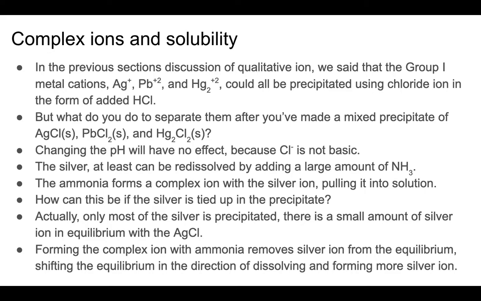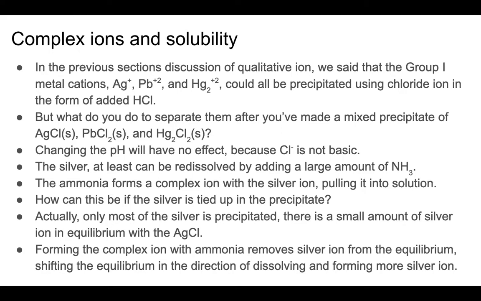So when you add HCl to a mixture of metal ions to try to separate things out, you will get separated out silver chloride, lead 2 chloride, and mercury 1 chloride. However, what are you going to do with that mixed up precipitate of those three different compounds? Well, you can't adjust the pH and have any effect because chloride's not basic.